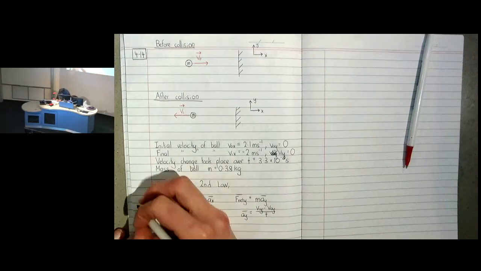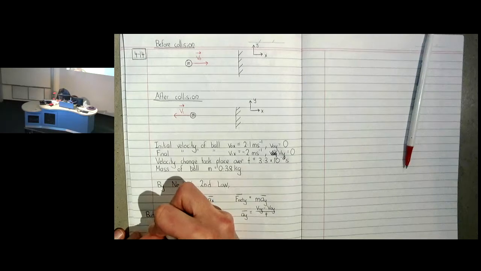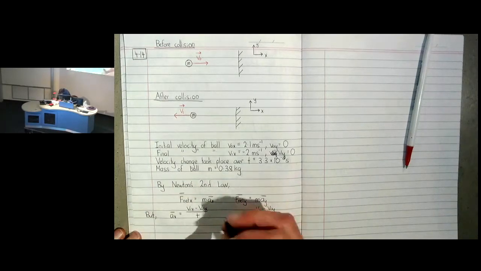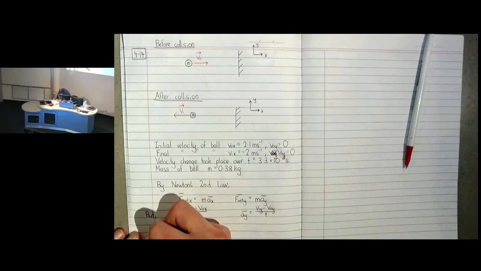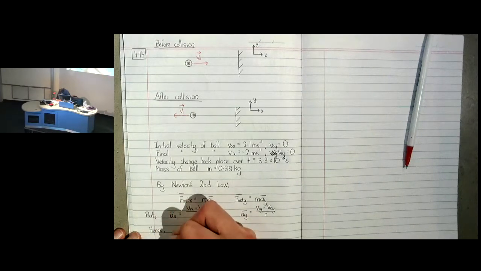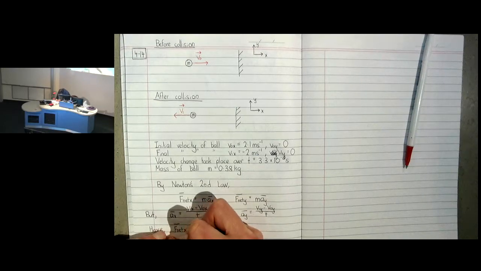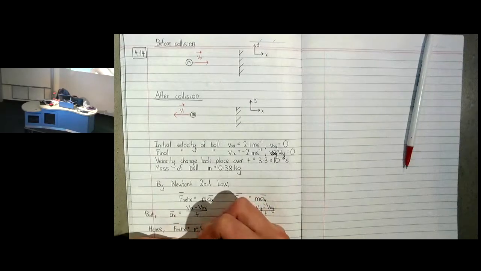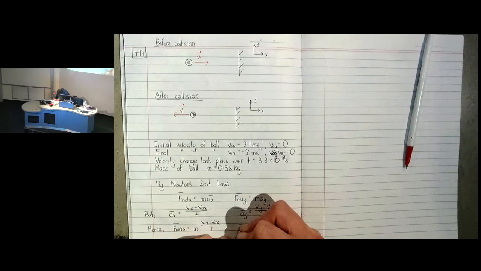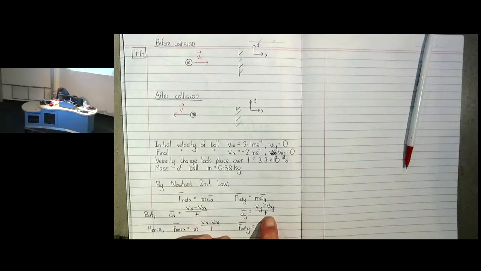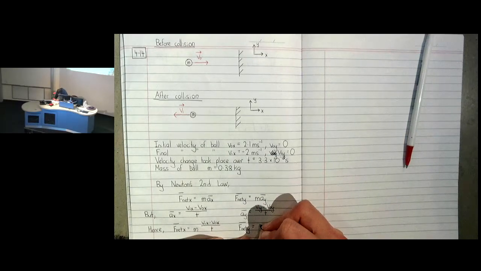So if we now plug these two expressions for the average acceleration into here, we can say that hence the average x component of the net force is equal to the mass of the ball times this acceleration, and the average net force in the y direction then, since the average acceleration in the y direction was 0, then so too is the average net force.